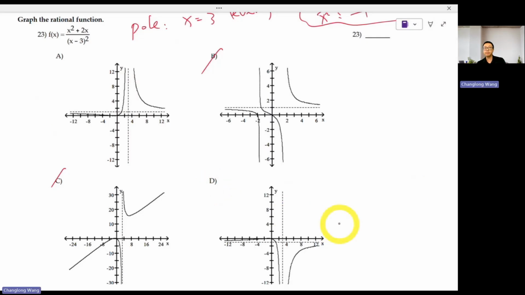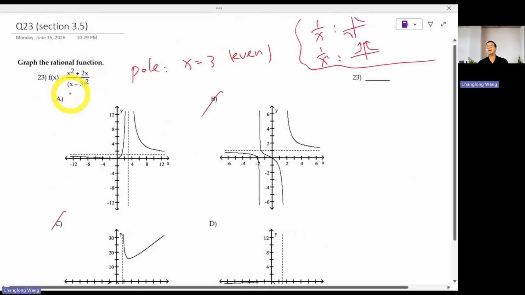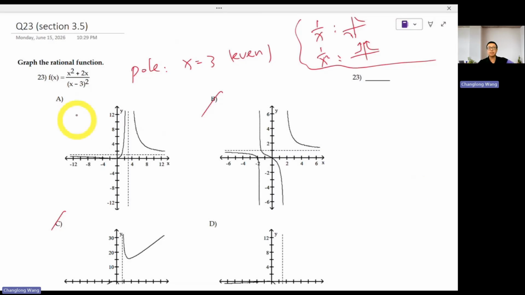Okay. Now, we're looking at A and D. Do you notice the big difference between these two? The two dashed lines. The first guy has a horizontal asymptote at probably 1, and this guy has -1. Now, how do we find the horizontal asymptote? I think that we just did that question right at the end of last class.